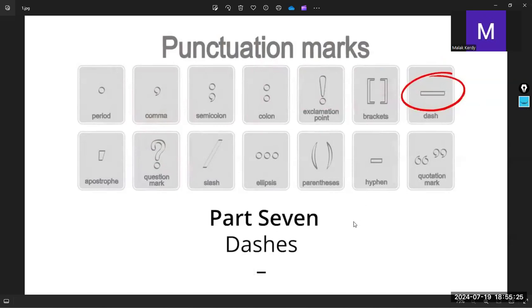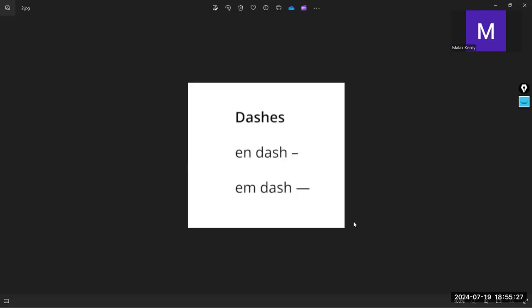Okay, keep in mind, please, Malak, that we have two kinds of dashes. We have the N dash and we have the M dash. Keep in mind that the N dash is smaller than the M dash, and absolutely every one of them has its own usage.